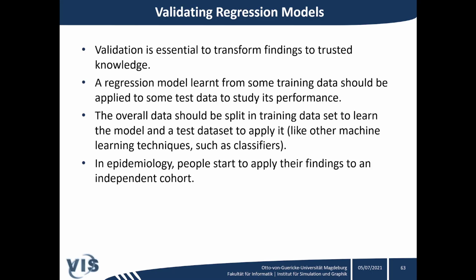The overall data should be split into a training data set to learn the model, and a test data set to apply it, like other machine learning techniques, for example, any other classifier. In epidemiology, people start to apply their findings to an independent cohort.